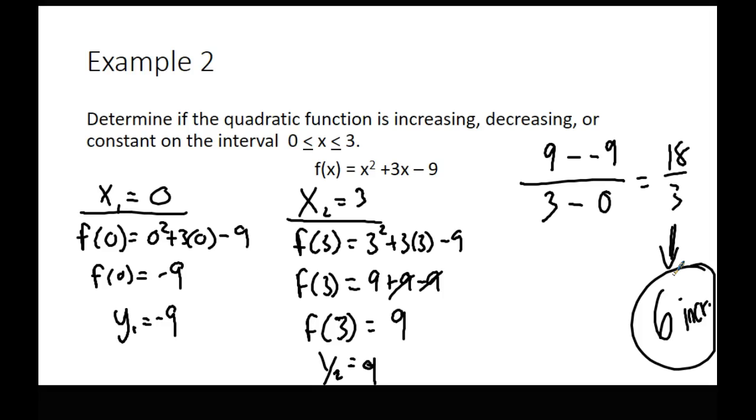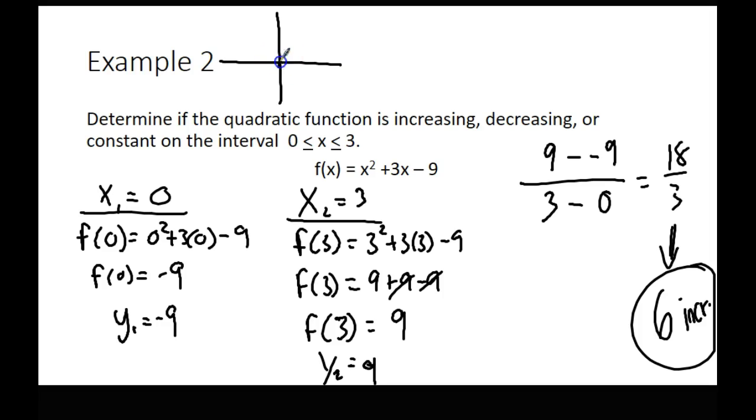Yes, John? Can you just tell from 0 and 3 whether it's increasing or not? I don't think so. Let me show you why. Unless you want to go through the trouble of graphing this, it's kind of hard to tell.